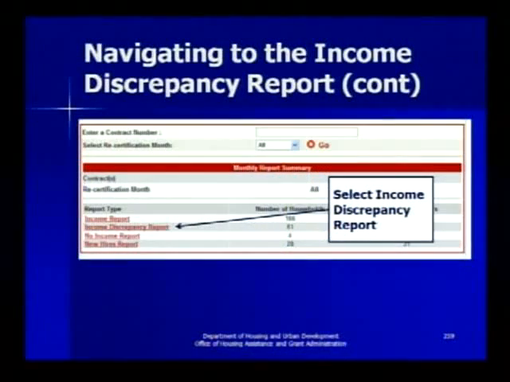In this case, we can see that out of 166 households this property has receiving assistance, 61 of those households have an income discrepancy. That's fairly high. So these things do need to be taken care of and reconciled when they're found out.